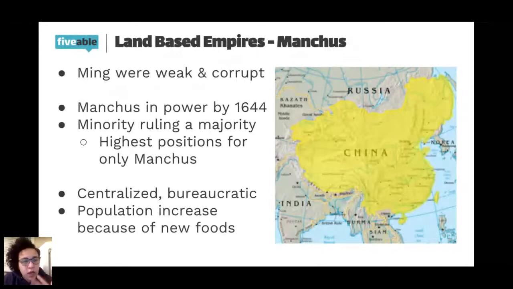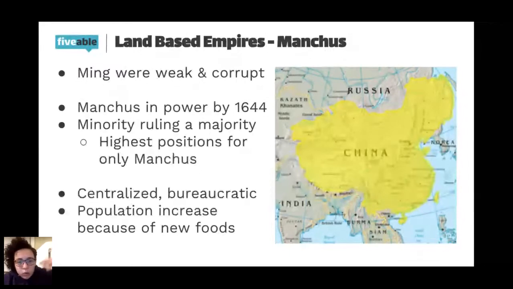Don't get caught in this cycle of details. This is where students get really stressed out, really overwhelmed, because a time period like this feels like there's just so much to know, so many people, so many dates, so many things. But just focus on the big picture.